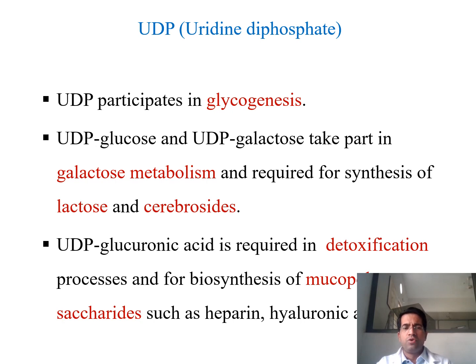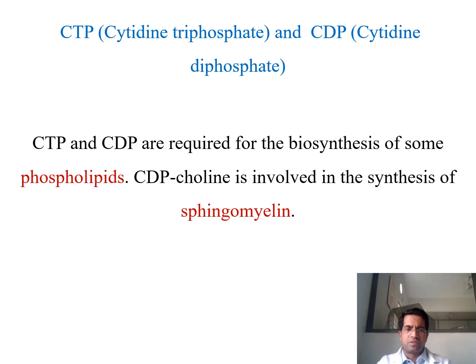Other than this, UDP glucuronic acid is required for the detoxification process and for the biosynthesis of mucopolysaccharides such as heparin and hyaluronic acid. So UDP glucose, UDP galactose, UDP glucuronic acid, these are all biologically important nucleotides involved in different metabolisms.